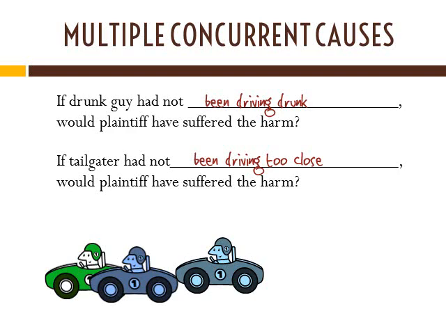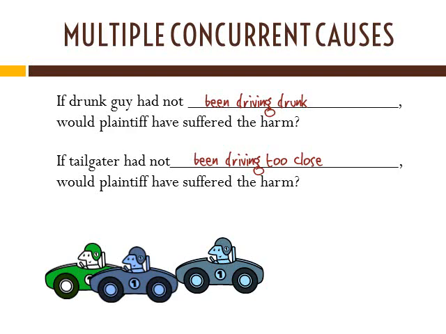If the drunk driver was going fast enough, then maybe even if you hadn't been close to him, he would have sent your car into the older gentleman's car anyway. But then on the other hand, if you were tailgating pretty close and the drunk driver wasn't going that fast, maybe, had you been further apart from the car in front of you, the old man would not have been hit.